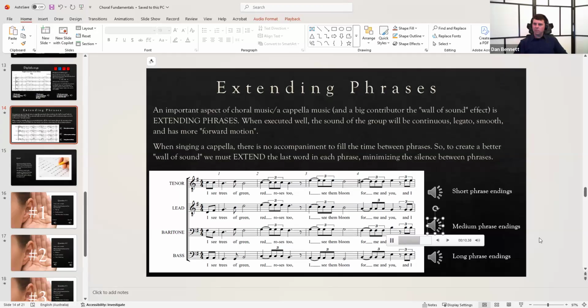I see them bloom for me and you. And finally, long phrase endings. I see trees of green, red roses too. I see them bloom for me and you.